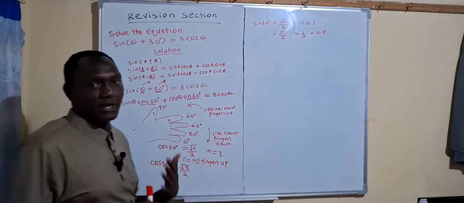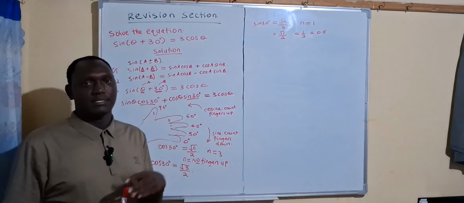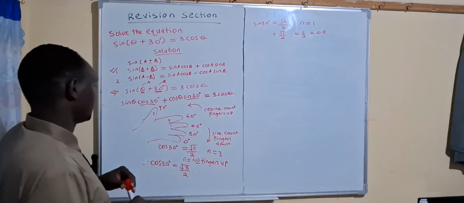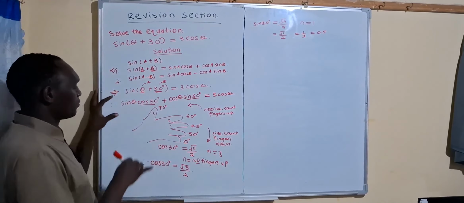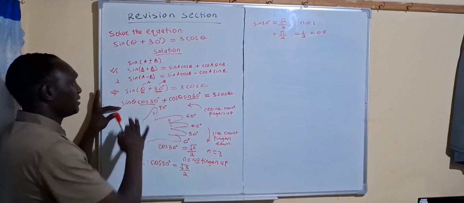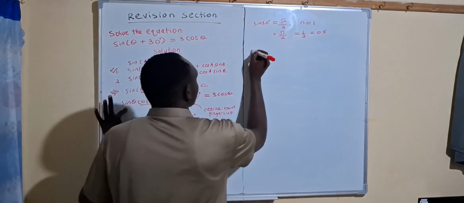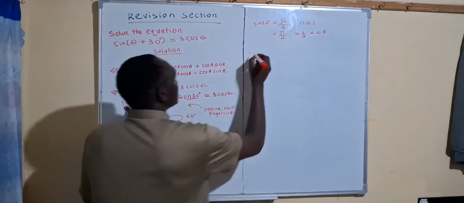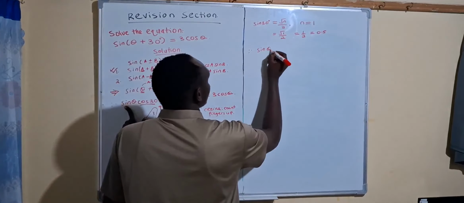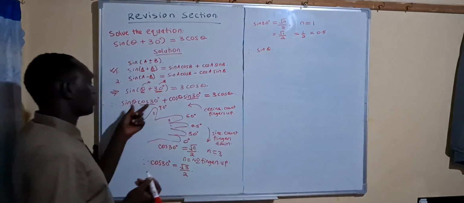Choose whether to work with fractions or decimals, but respect their properties. So we have seen how we can simplify cos 30 and sine of 30. That means now we can proceed. Therefore, proceeding from here, we say sine theta times cos of 30.